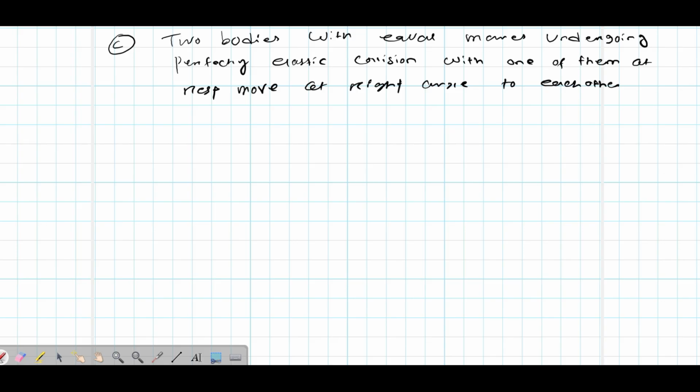We will prove this. Two bodies with equal masses, this is m, this is m, undergoing perfectly elastic collision with one of them at rest, move at right angle to each other.